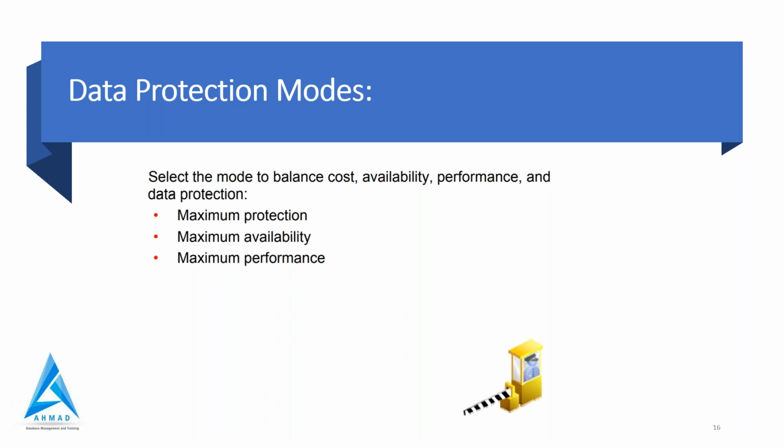And maximum availability basically provides the highest level of availability. As we know, in maximum protection mode, a transaction does not commit until the redo data is applied on the standby database, at least one standby.